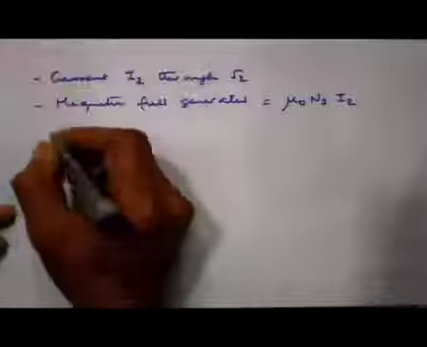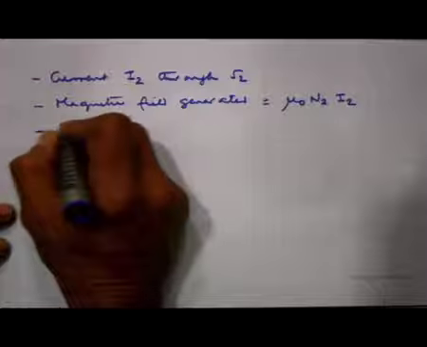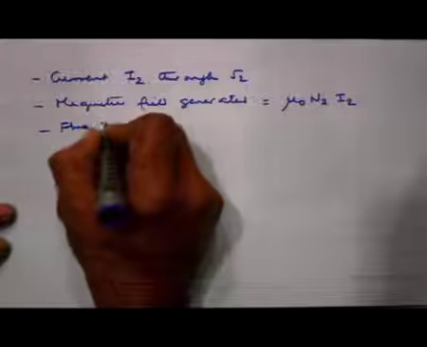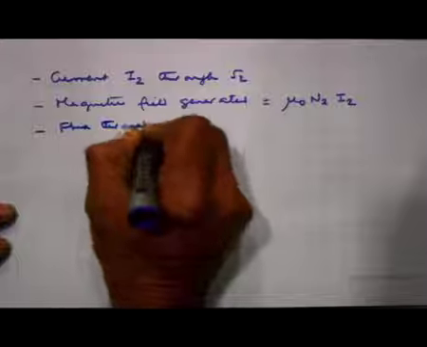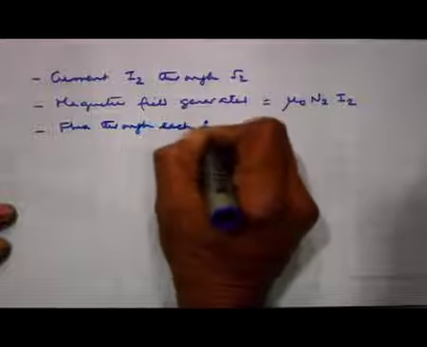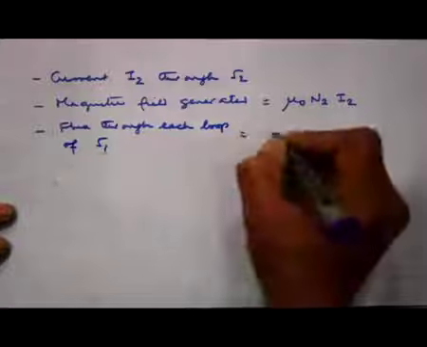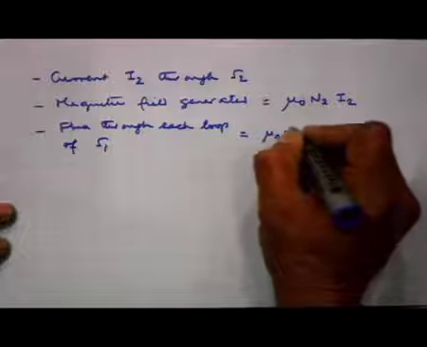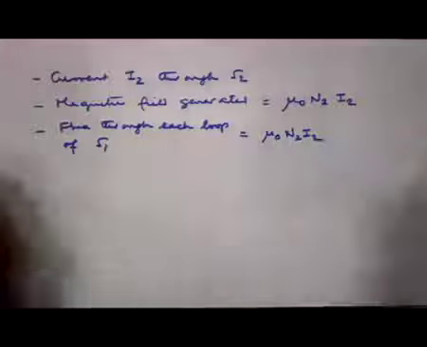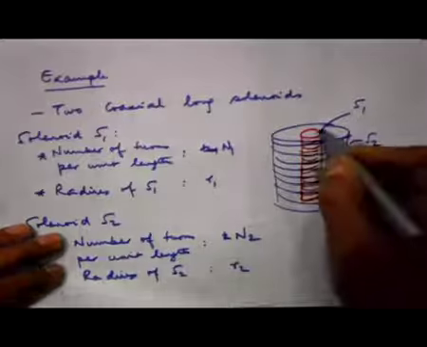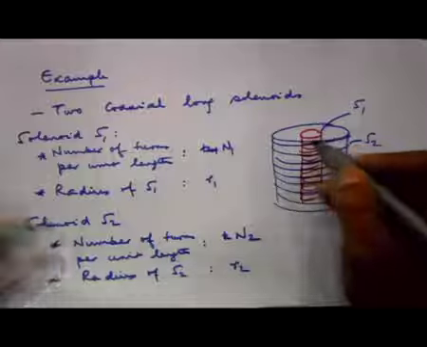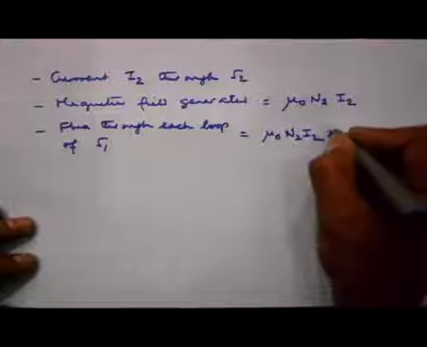Let me calculate. The flux through each loop of S1 is equal to mu naught N2 I2 into, look here, the flux through S1 depends only on the area of S1, which is pi R1 square.